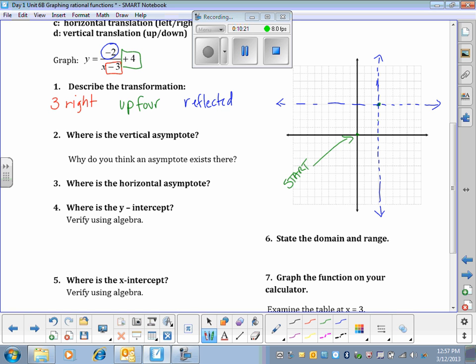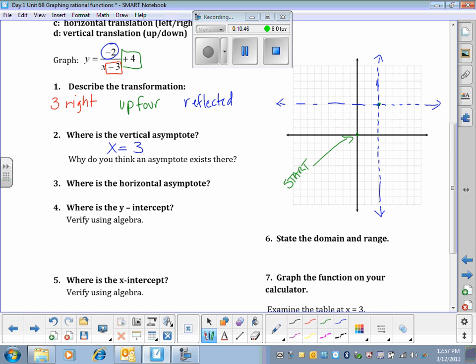If we were to name that vertical asymptote, what would it be named? X equals... Where does it go through X? It goes through X at 3. Okay. Now, there's more than one reason. It's there because it translates, number one.